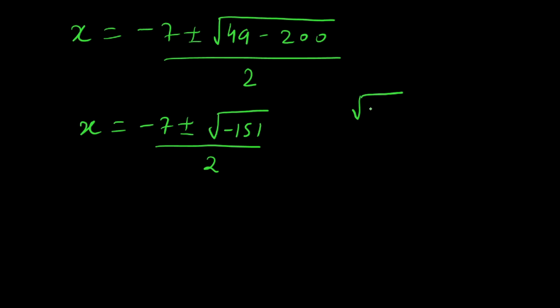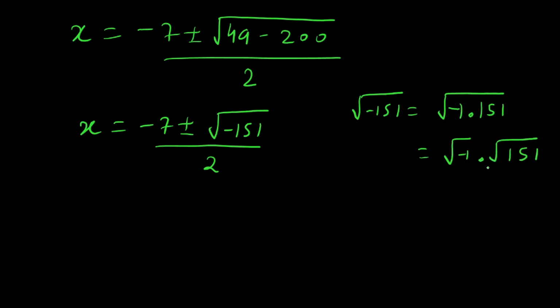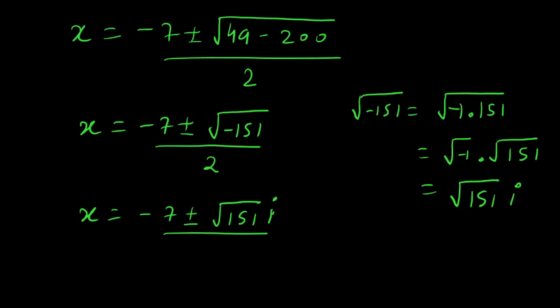We know that square root of minus 151 is square root of minus 1 times 151, and this is same as square root of minus 1 times square root of 151, and square root of minus 1 is iota, so this expression is square root of 151 times iota. So x is equals to minus 7 plus minus square root of 151 iota divided by 2.